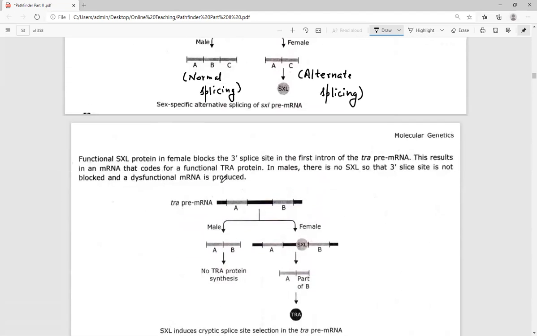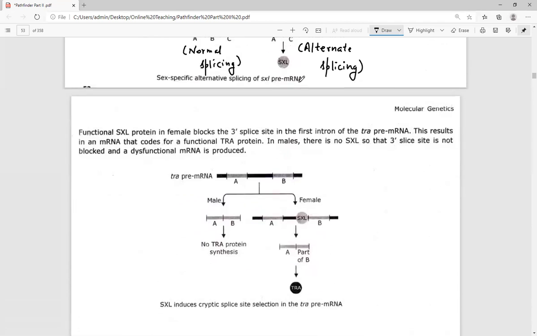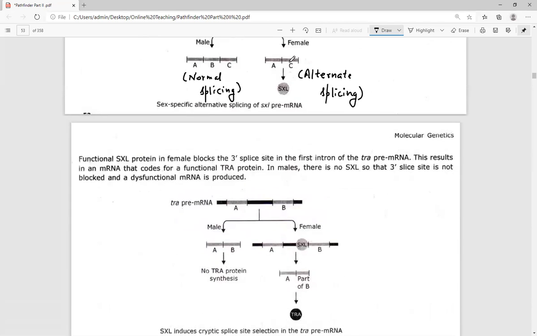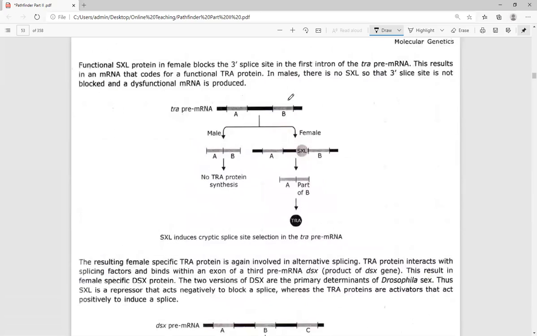Now, the next thing is this Sxl, which was spliced in the case of female only, will influence the expression of the next protein, referred to as Tra. Tra is only synthesized when there is an alternate splicing.